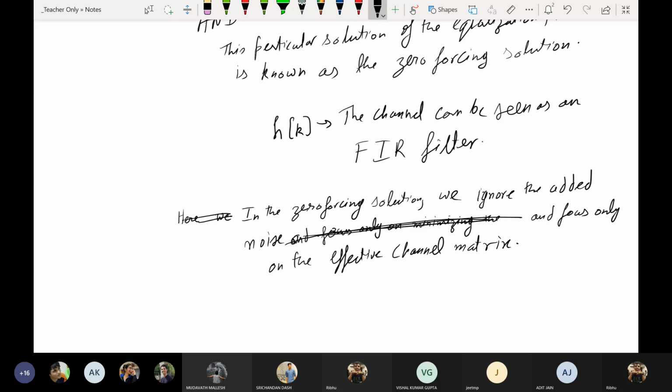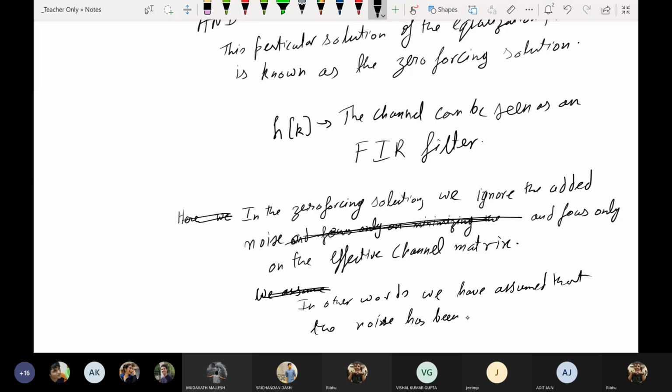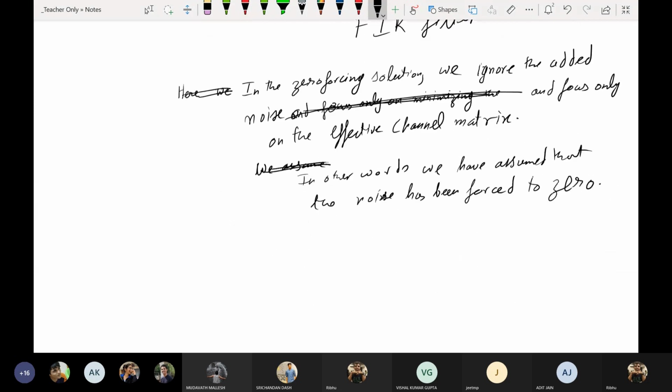So that is why this is called zero forcing: in other words, we have assumed that the noise has been forced to zero.